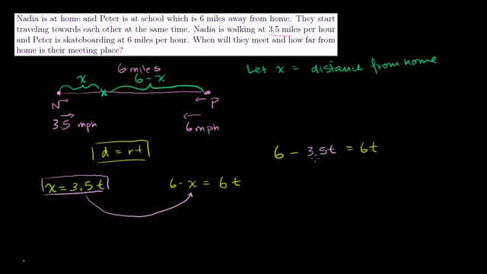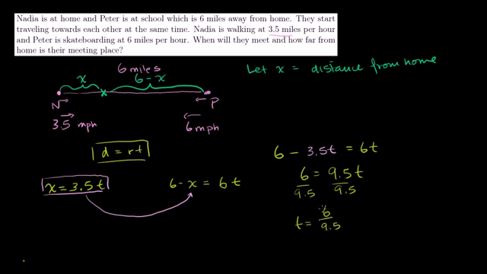And then if we add 3.5t to both sides of this equation, we get 6 is equal to 3.5t plus 6t, which is 9.5t. Or if we divide both sides by 9.5, you get t is equal to 6 over 9.5 hours.